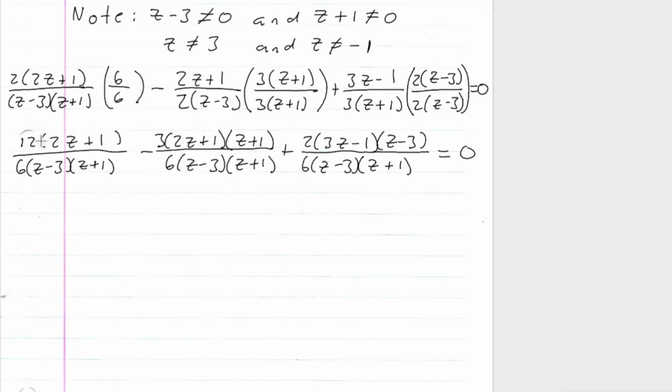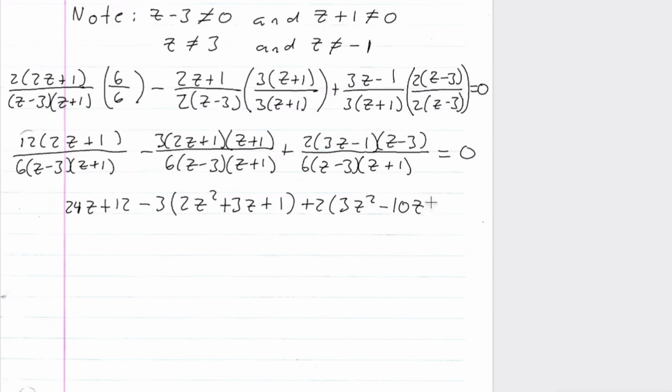So, and I'll distribute this. So 12 times 2z is 24z plus 12 minus, so since this is a little more complicated, I'll do 3, and then 2z times z is 2z squared. 2z times 1 is 2z. 1 times z is z, so that'll be plus 3z, and then plus 1, and then plus 2 times 3z times z is 3z squared, minus, so this will be 9z, and then minus 1z, which is minus 10z.